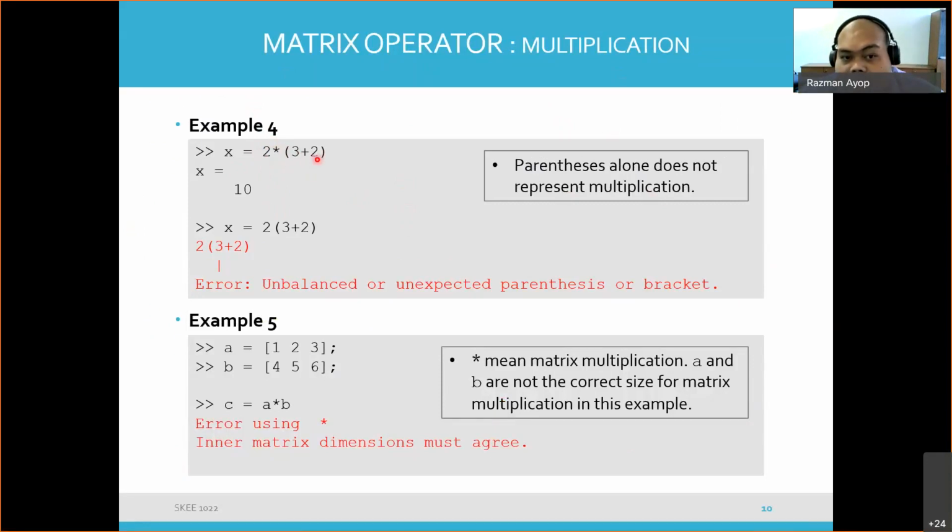So 2 multiplied by something. Remember BODMAS: when you use MATLAB, you have to solve the internal value first. BODMAS: brackets, power, division. Let me show you.